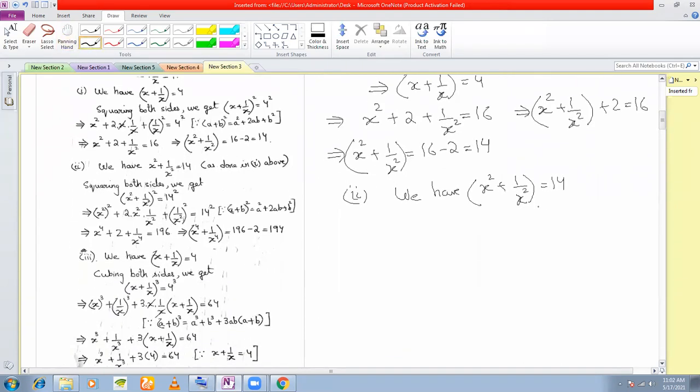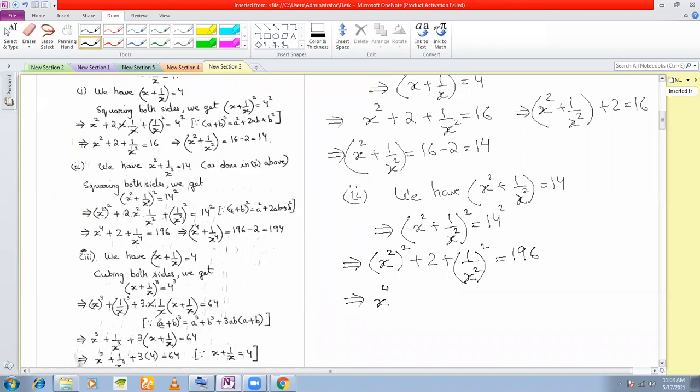Now you square this. That means you have (x square plus 1 by x square) whole square is equal to 14 square. Now you expand this, (a plus 1 by a) formula. A here is x square. So (x square) square plus 2 plus 1 by (x square) square is equal to 14 square, which is 196.